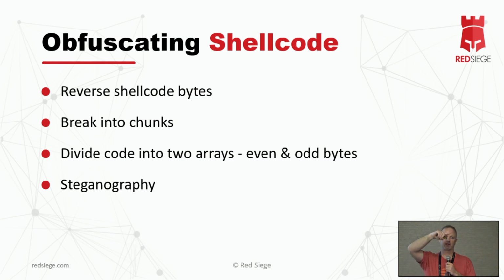The third byte goes into the even array, however you want to do it. But split those up and then store that in your shellcode loader. And now when you want to use your shellcode, you just read the bytes basically backwards, alternating between those 2 arrays and copying them into a new array. And now it's very unlikely that the sequence of bytes that you've created, the 2 arrays, by setting them up like this, is going to lead to a detection.